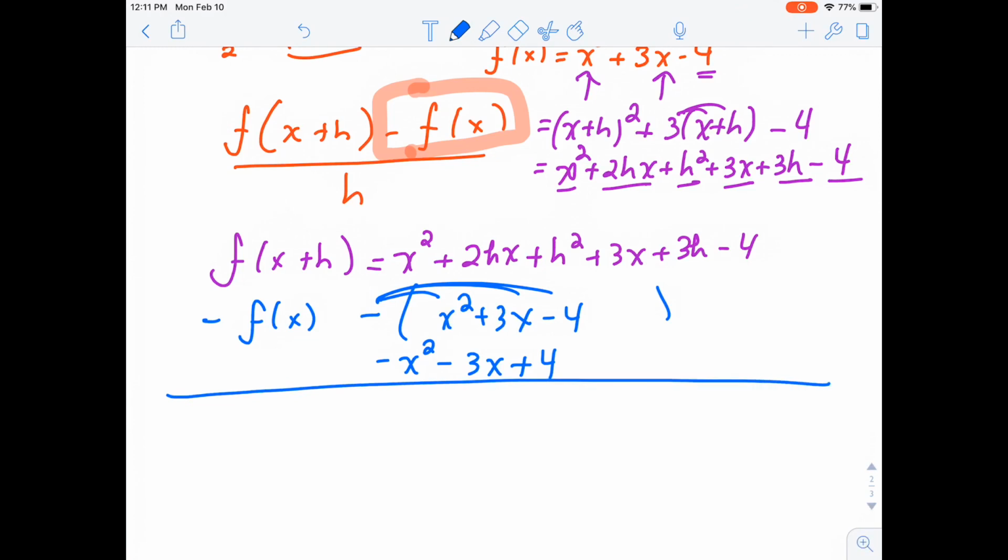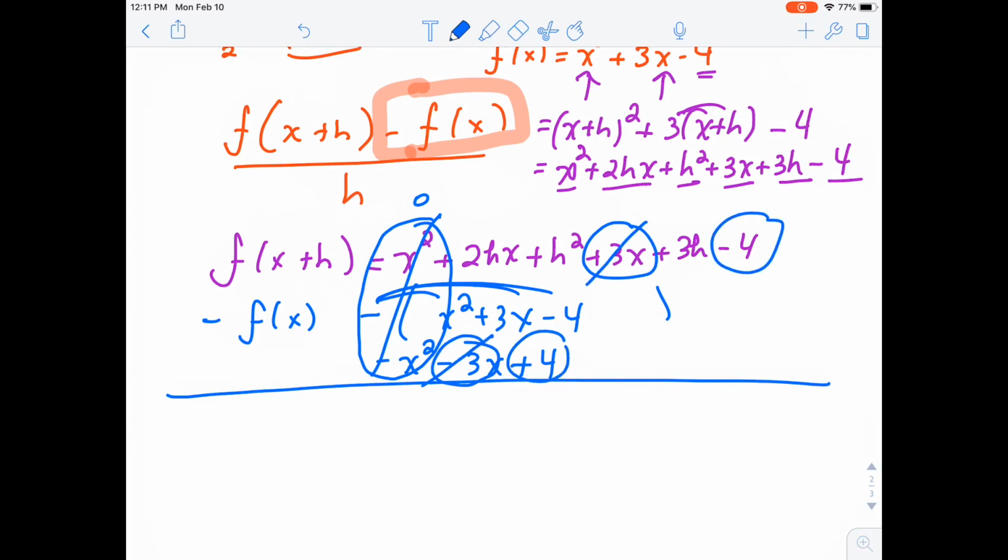Now to really subtract, I'm going to look for things that can be subtracted. I see an x squared and a negative x squared, that sums to 0. I see a positive 3x and a negative 3x, those are going to sum to 0. I see a negative 4 and a positive 4, those are going to sum to 0. So what am I left with? Let's write it in red. We have our 2hx, our h squared, and our 3h.